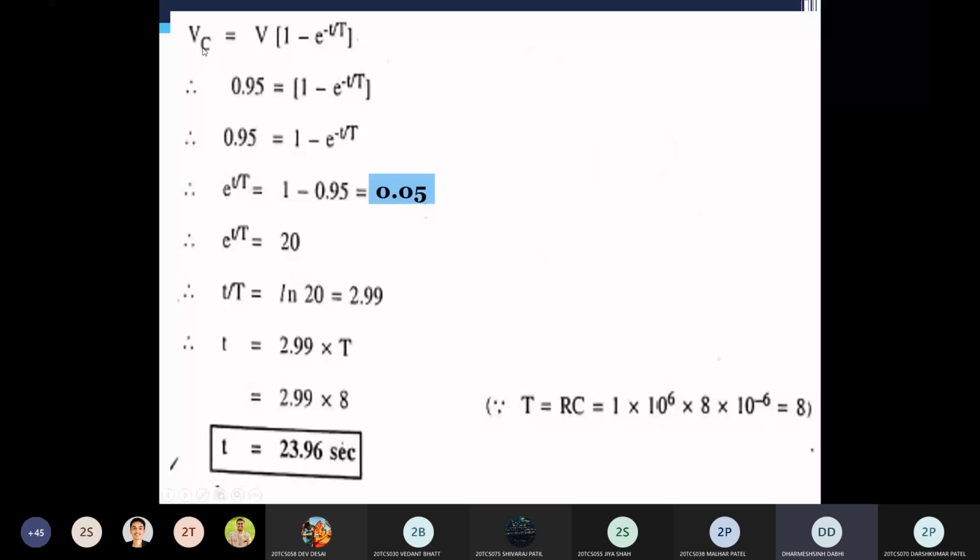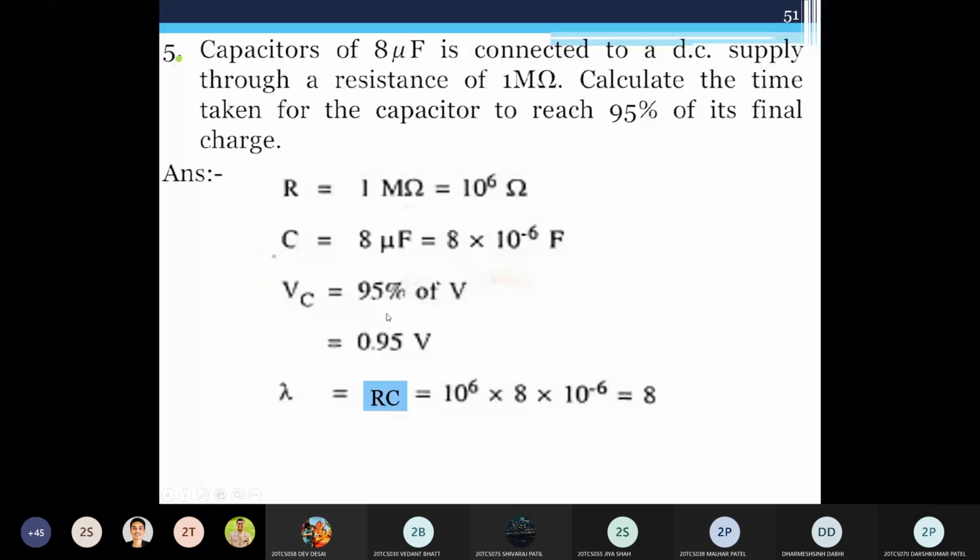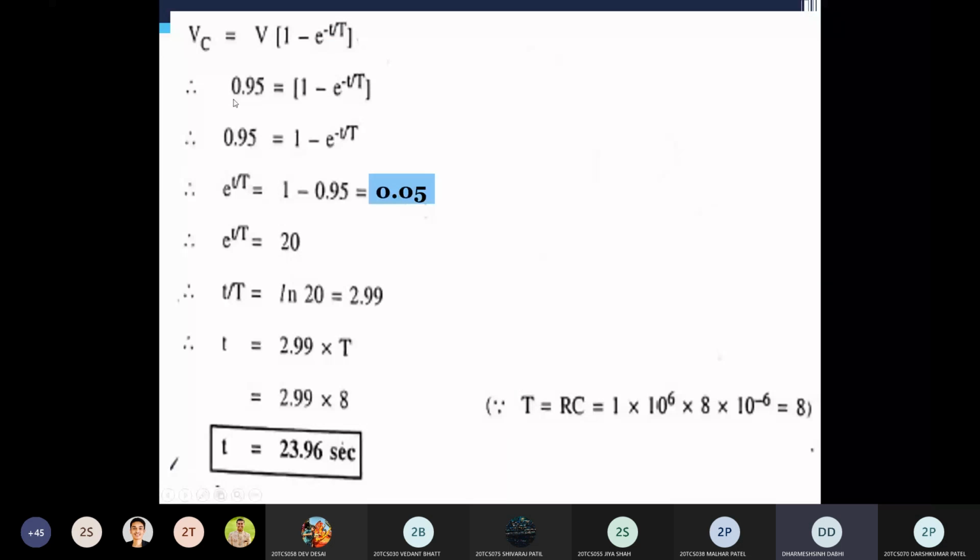So here VC is 95% of the supply voltage. It means 0.95 into V. So replace this VC by 0.95 into V. In this equation there is a V on the right-hand side as well, so this V cancels out. The left-hand side becomes only 0.95 and the right-hand side is 1 minus e raised to minus small t upon capital T. So this becomes e raised to minus t upon T is equal to 0.05.